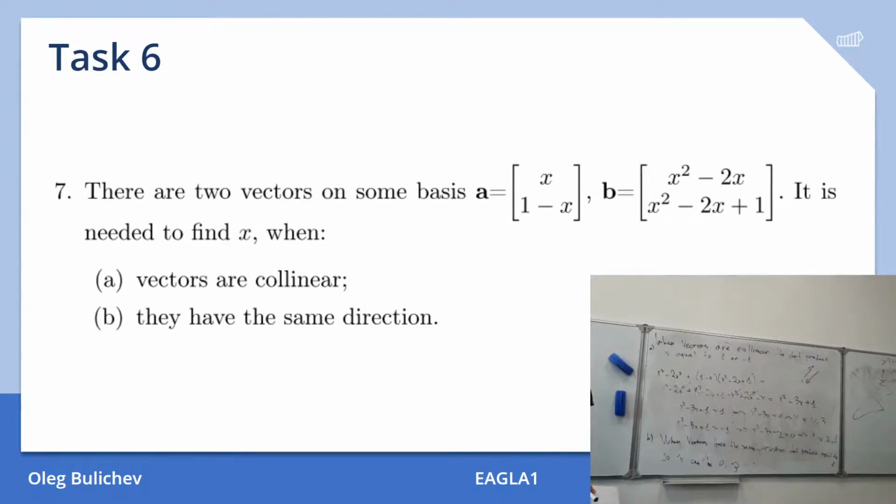Otherwise, you won't be able to speak with foreigners soon. So, if vectors are collinear, then their cosine is equal to 1. But what if their lengths are different? Then we won't get 1 or minus 1, we can get any number.